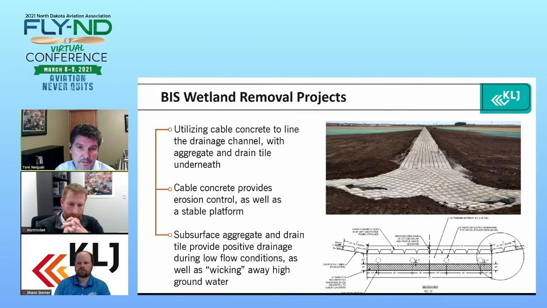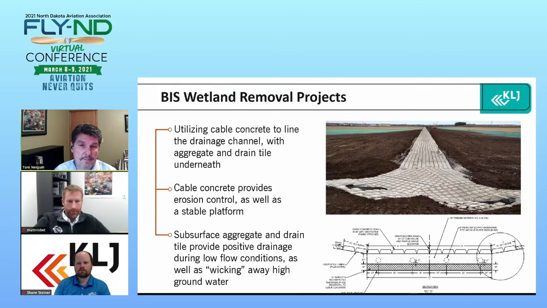And then on the lower right-hand corner of the slide there, you can see what the section looks like. So basically, underneath this cable concrete, there's actually aggregate. So it's a clean aggregate. The FAA calls it porous material number 2, about 20 inches in thickness. And then contained within that, there's actually a 6-inch perforated drain tile pipe.